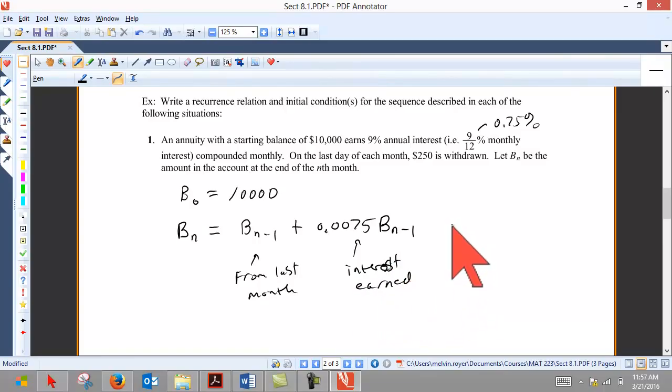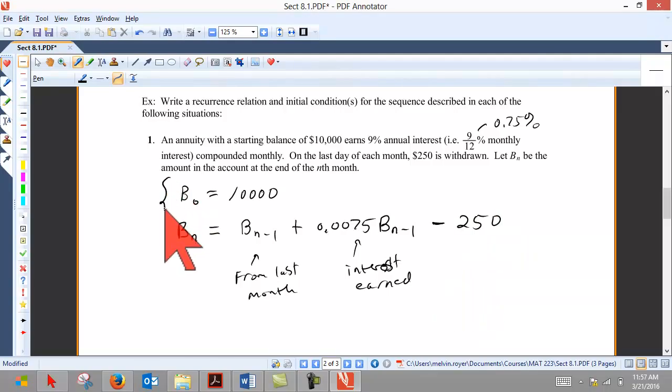And then finally, the whole point of this investment is to generate some income for me so that I have something to live on in retirement. So I'm spending this down, so minus, and $250 is coming out each month.